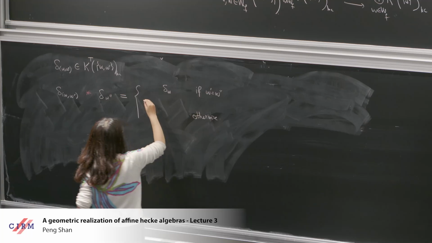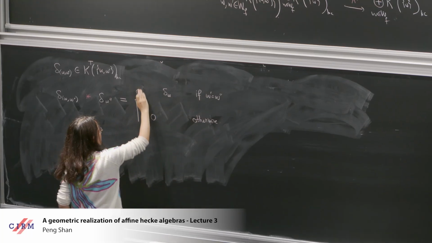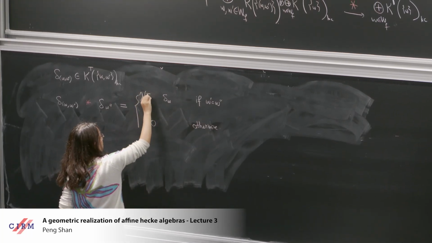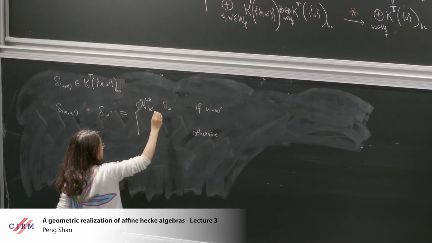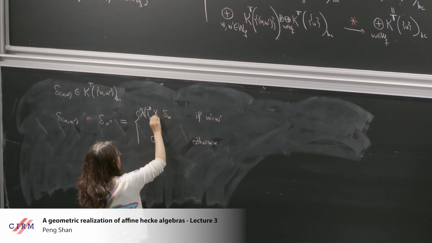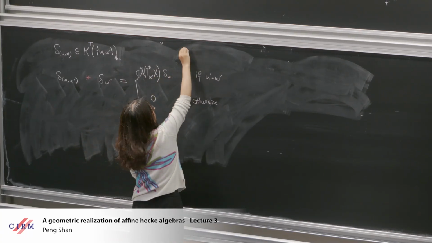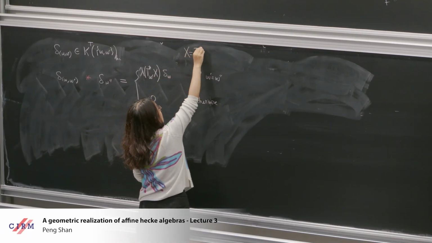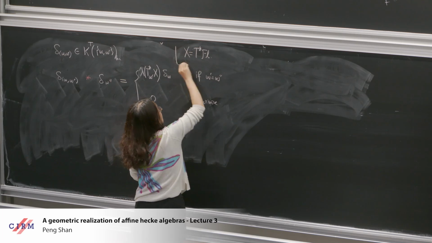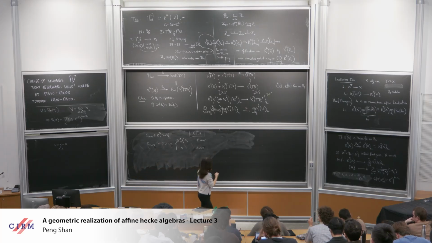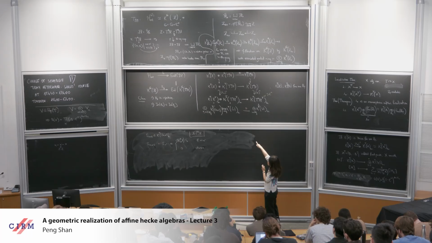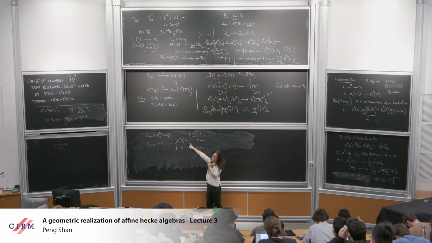So here there's an Euler class of T star of W prime of this flag variety coming out. I will write from now on X equals T star of flag, just to avoid having so many T stars everywhere. Okay. So if you really trace your definition of convolution and do the computation through this diagram, this is the multiplication you get.